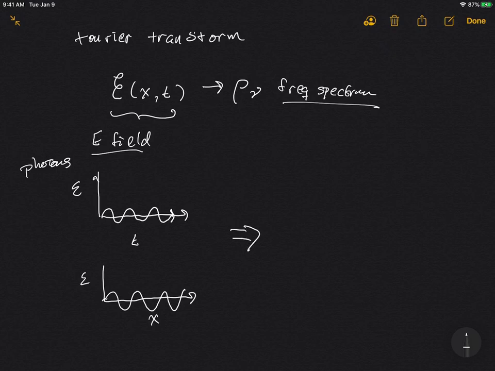So both of these can be related to, once you know the electric field as a function of time or as a function of position, maybe averaged over time or at a particular moment in time, then you can convert to a frequency spectrum, plot density, essentially the number of photons or the probability that the photon will have a particular frequency as a function of frequency.